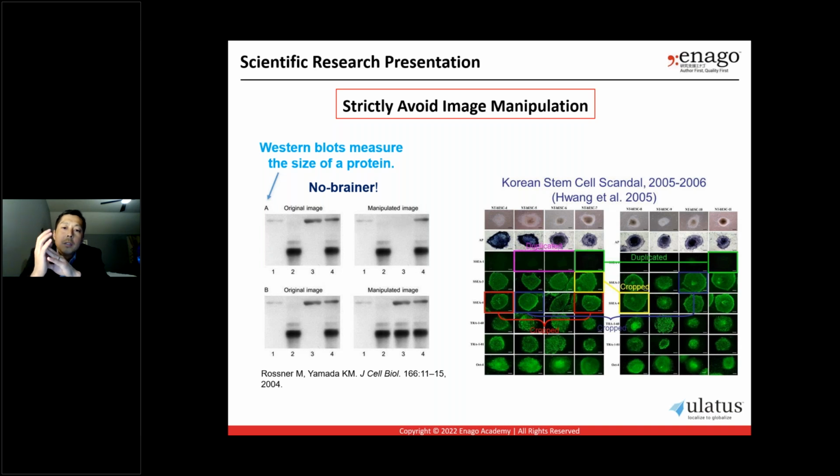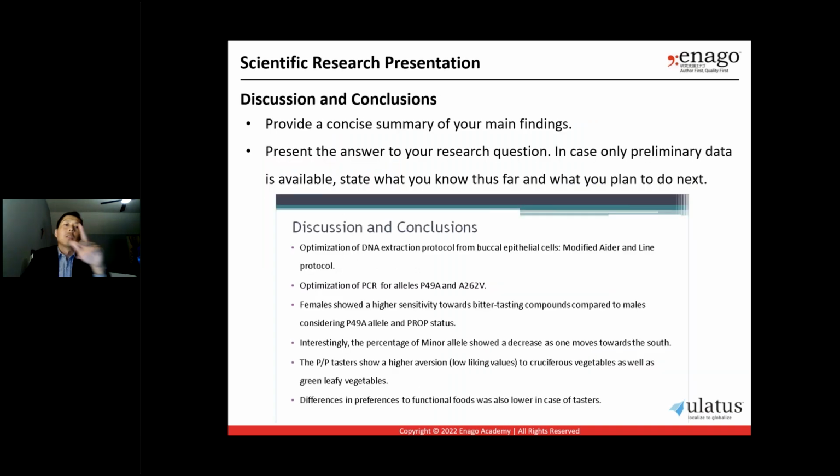And on the right-hand side, you can see a picture where images have been cropped, duplicated, and instead of showing different cells, they're actually the same cell, cropped or duplicated. Okay, and that's a big no-no.